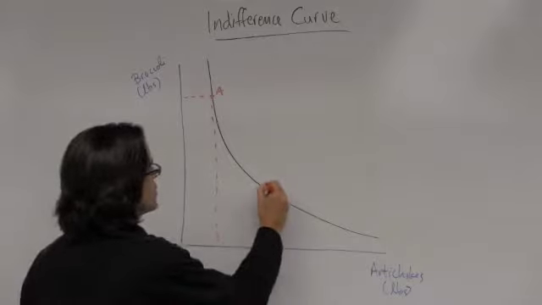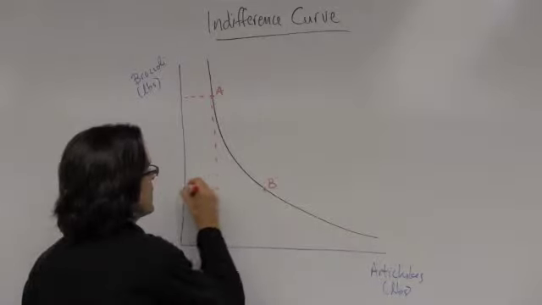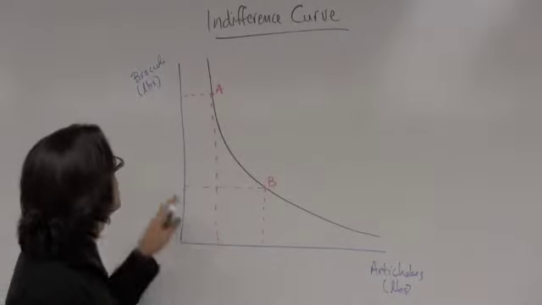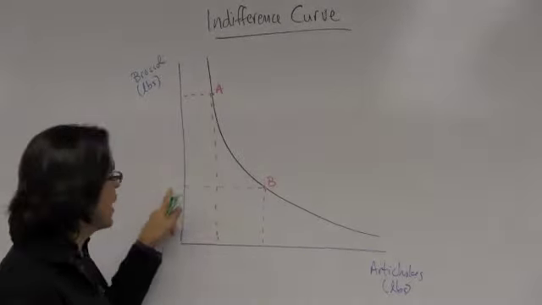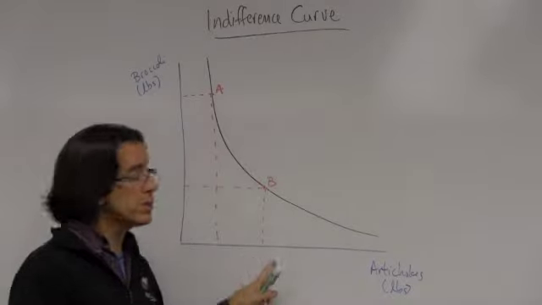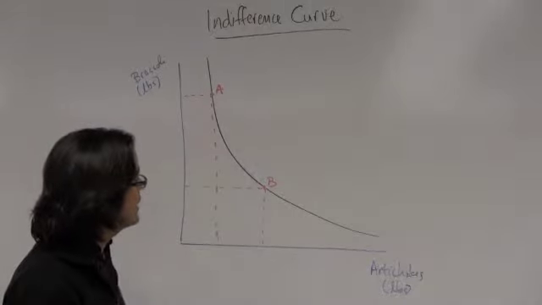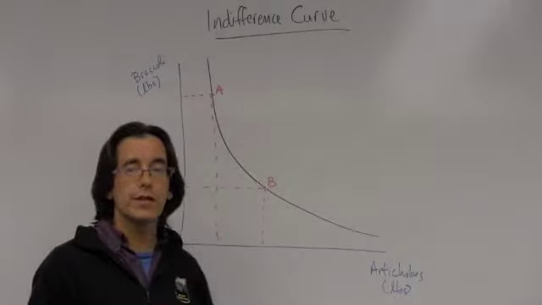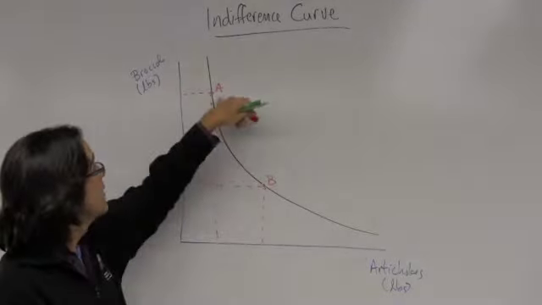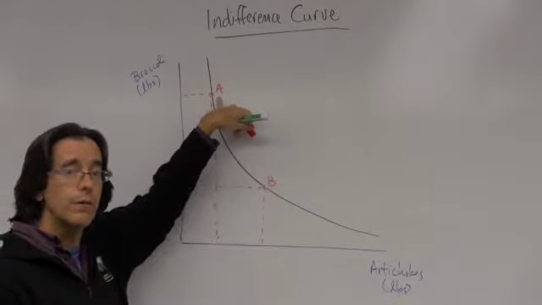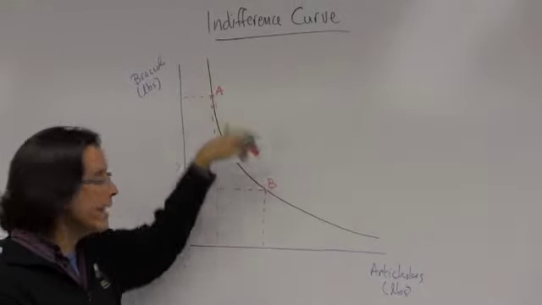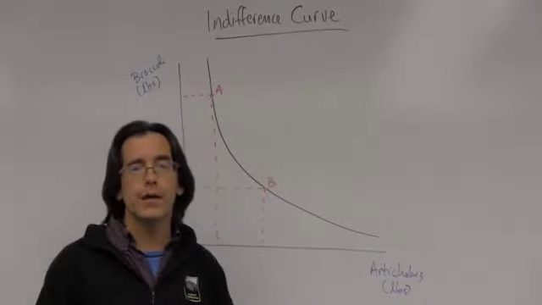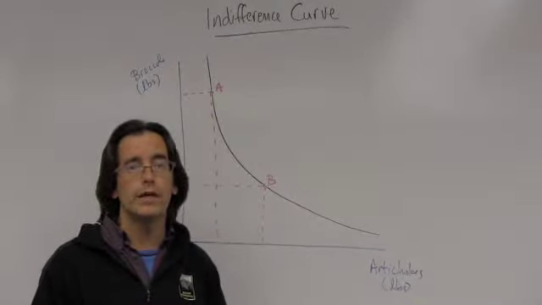If we chose a completely different combination of broccoli and artichokes, so less broccoli, more artichokes, well, since they lie on the same indifference curve, that means that they represent the same utility. So the way we feel about the combination at point A is exactly equal to how we feel about the combination at point B. Okay?